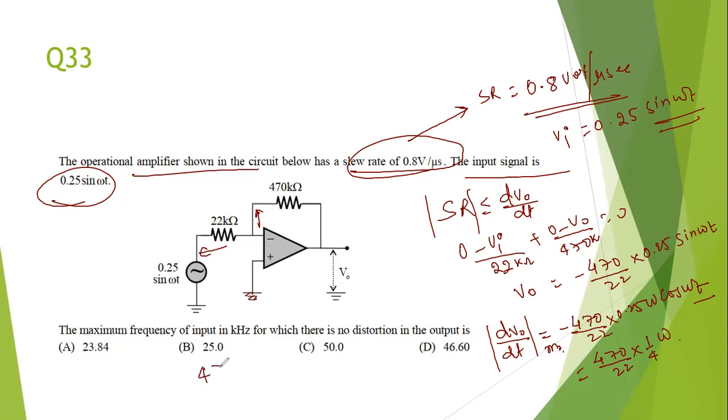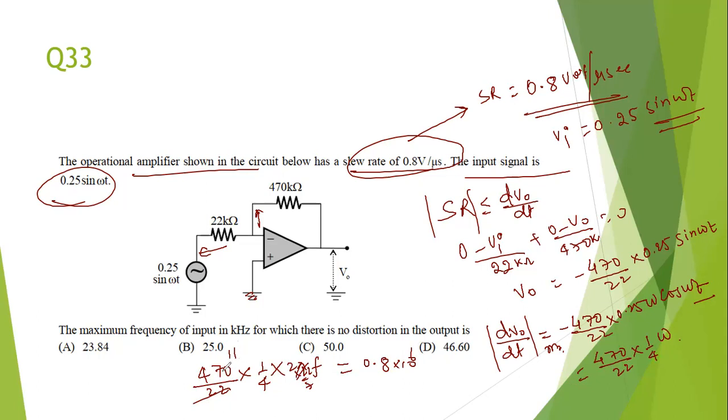So this is 470 divided by 22 into 1 by 4 into 2 pi f, and that equals 0.8 into 10 to the power 6. Pi is 22 by 7, so the 22 cancels out.